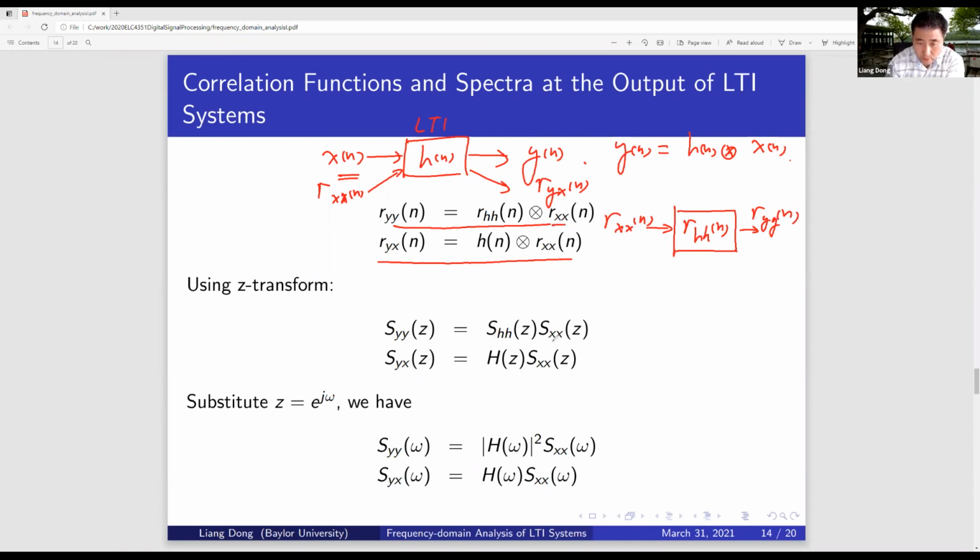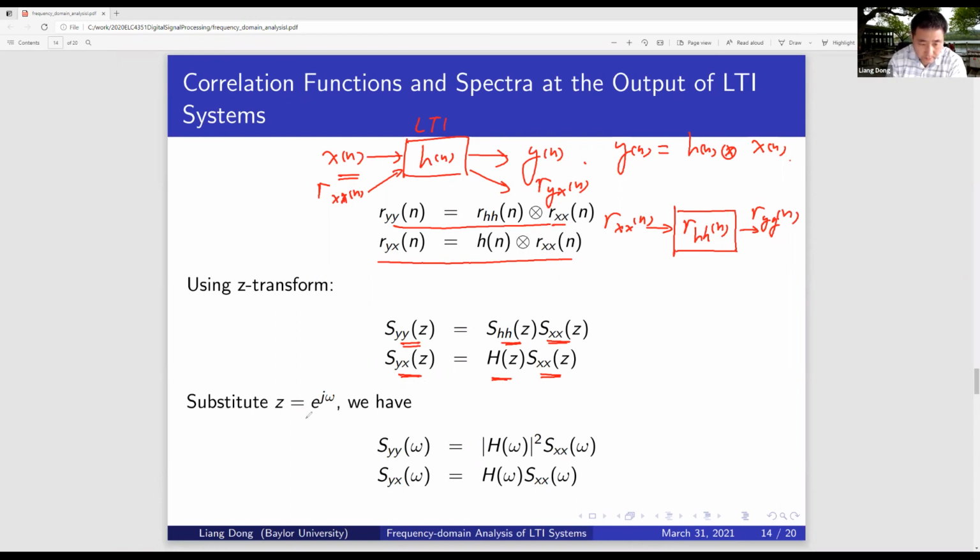Therefore, the spectrum of the input times the spectrum of the system becomes the spectrum of the output signal. The spectrum of the input multiplied by H, which is the system response, becomes the cross spectrum. We call it cross spectrum, but we don't really have a physical meaning for it. Mathematically, we can write it as capital S sub yx. So we call it the cross spectrum of signals y and x in this format.